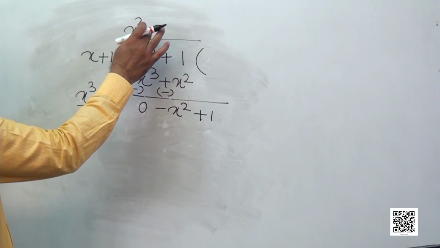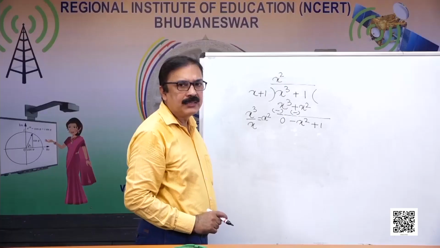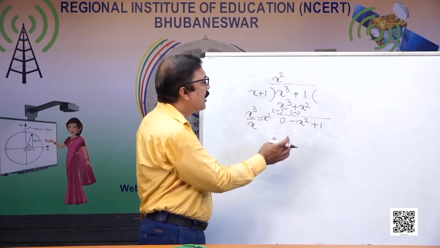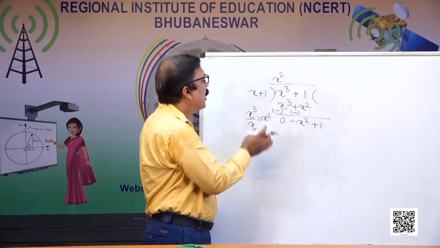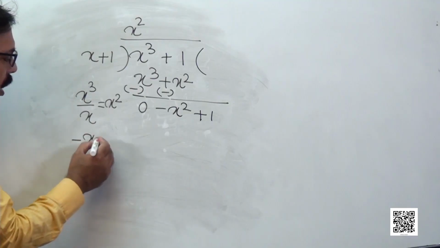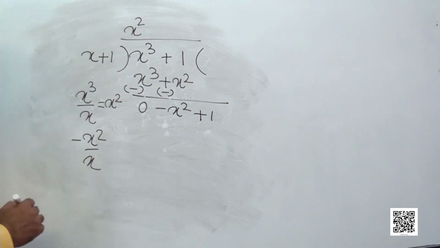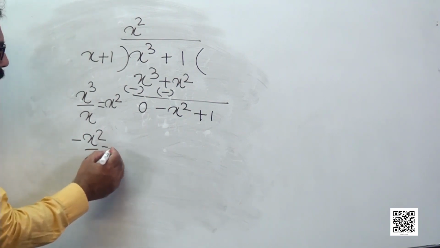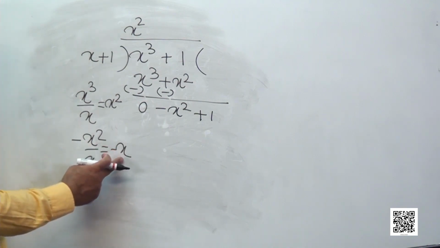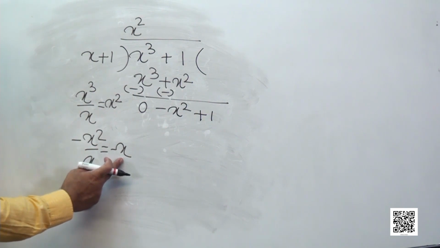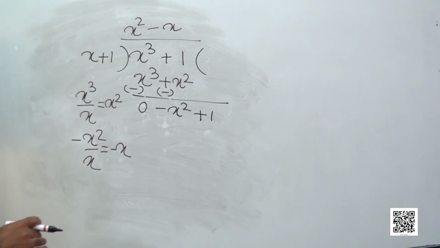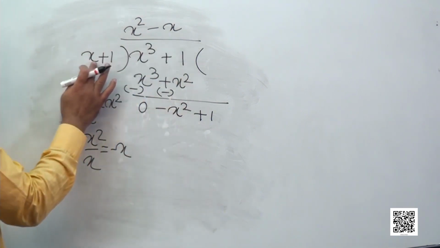How to get the second term of the quotient? To get the second term of the quotient, we have to divide the first term of the new dividend by the first term of the divisor. That means minus x square by x, and this gives minus x. So our second term of the quotient is minus x. So we can write here minus x. So minus x into x plus 1.